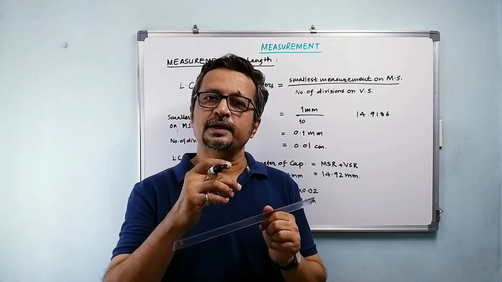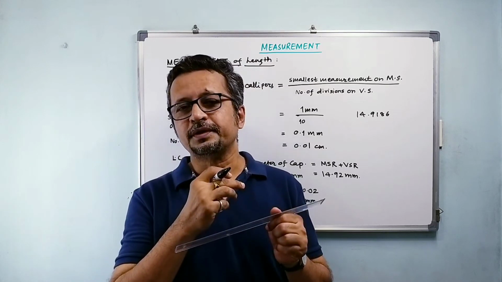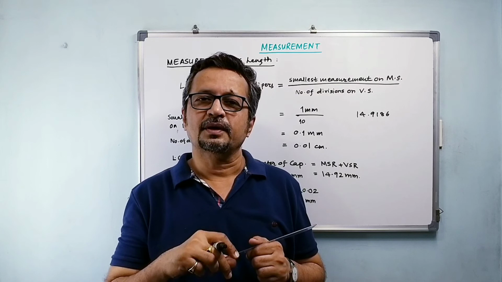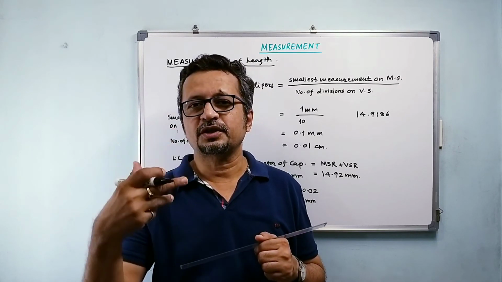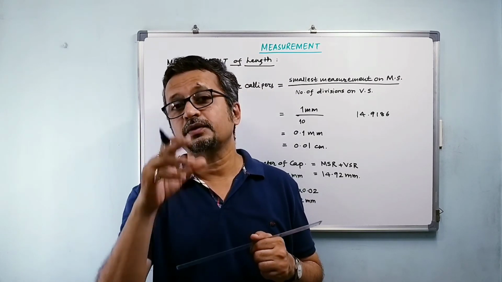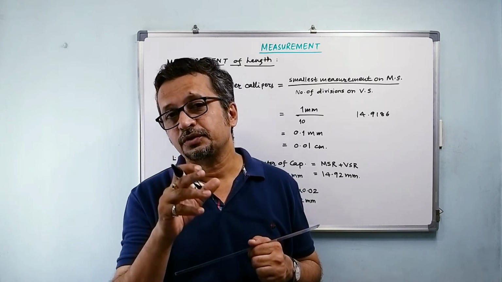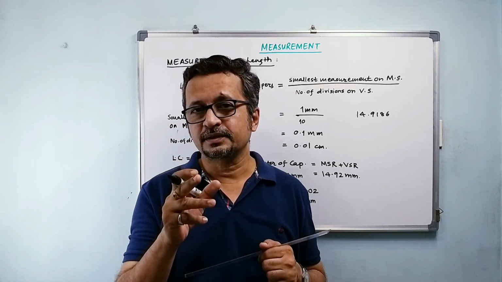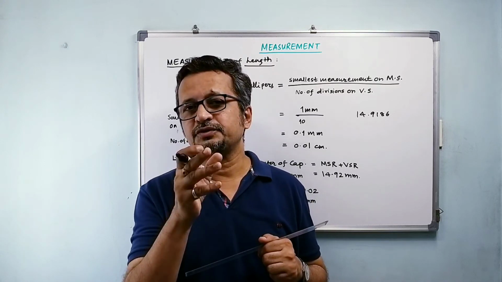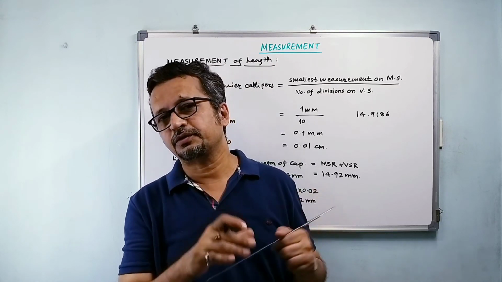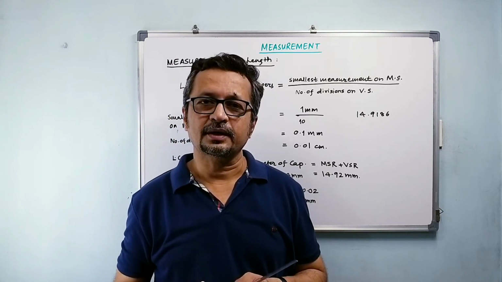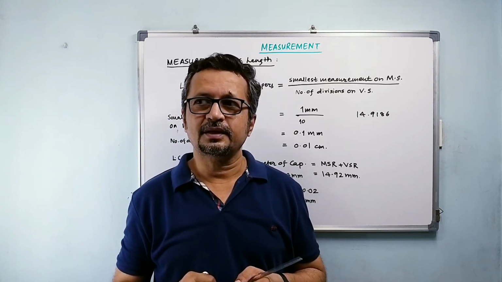There is a screw, and there is something called the pitch of the screw and the number of divisions on the circular scale. Again, you need to find out the least count of the instrument, and then take the appropriate readings, and then you get your final reading.